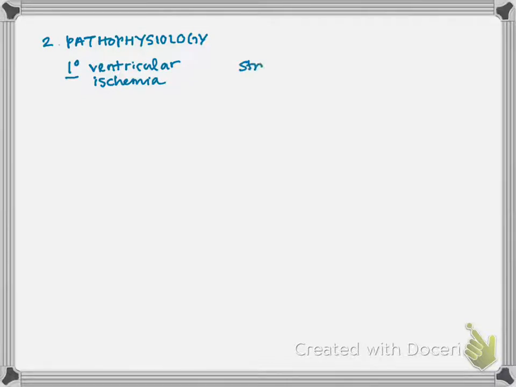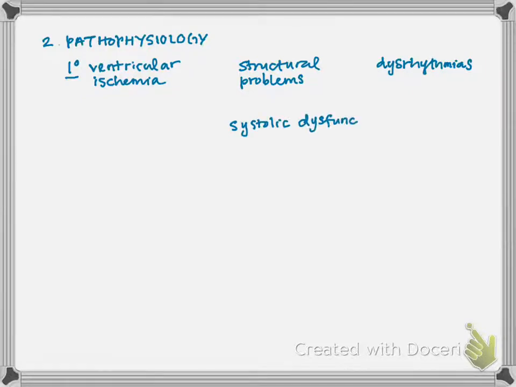We could have structural problems, like we talked about with valvular stenosis or regurgitation, and then also dysrhythmias. So any of these causes can lead to systolic dysfunction, which is your ineffective forward movement of blood. So you've got these contributing to your systolic dysfunction.